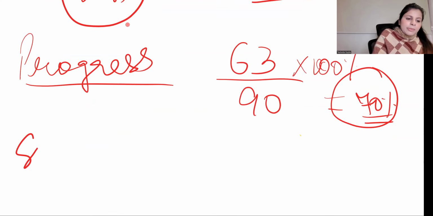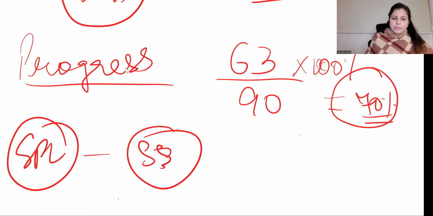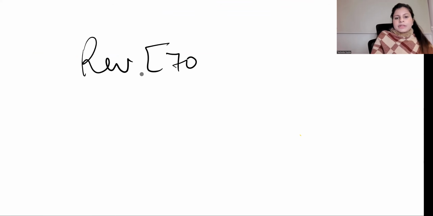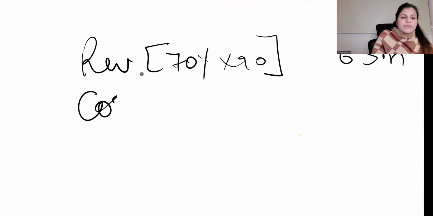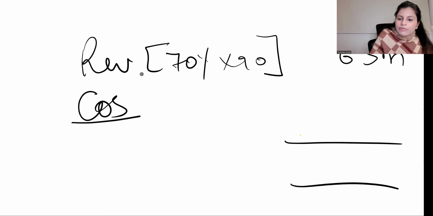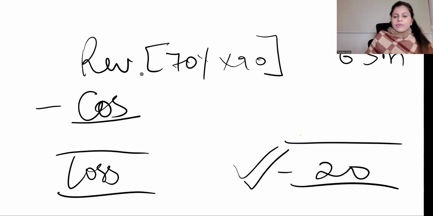So in my statement of profit and loss, what would I do? That's my step number 3. In my statement of profit and loss, how much revenue and how much cost of sales needs to be reported. So revenue reported is 70% of 90. What is 70% of 90? 63 million. How much cost of sales are you going to report? See, you will report the full loss of 20. Revenue minus cost of sales is loss. So you should get a full loss of 20.